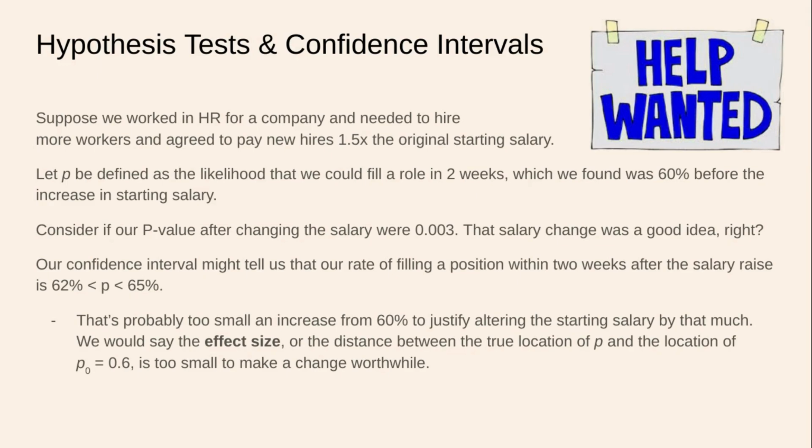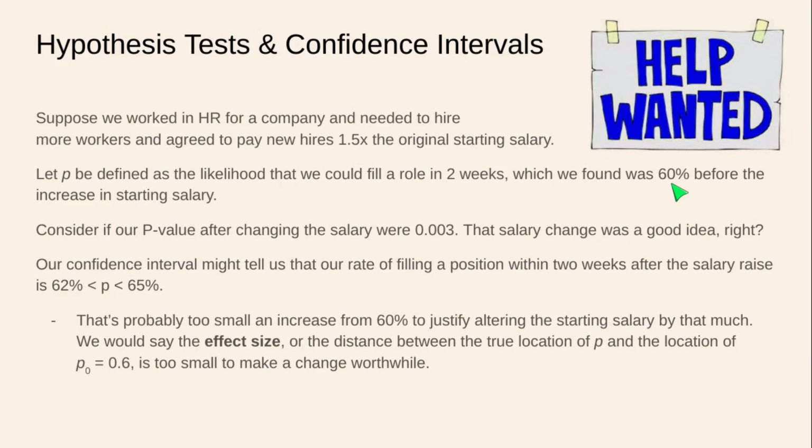What we would say precisely is that the effect size, the distance between the true location of p and the location of p naught, is too small to make a change worthwhile. p is very likely to be between 62 and 65%, so our effect size would be between 2 and 5% relative to our 60% baseline. That's a small effect size.